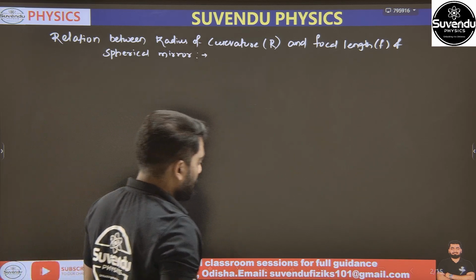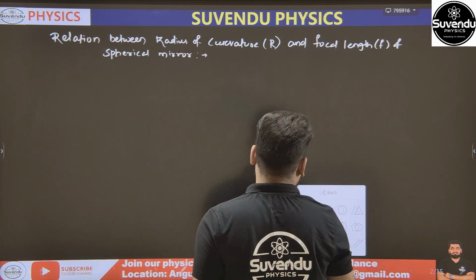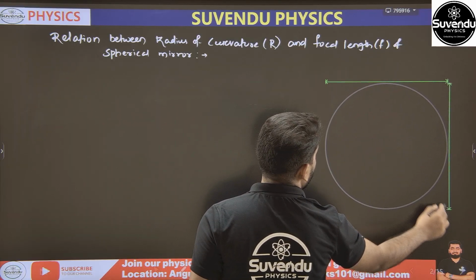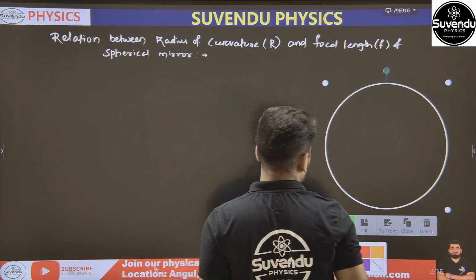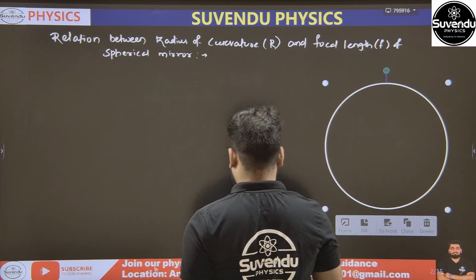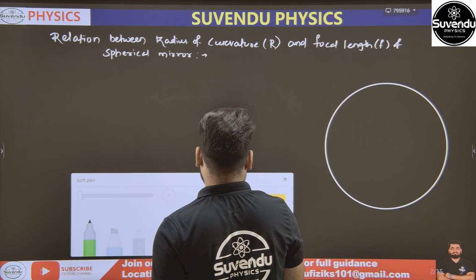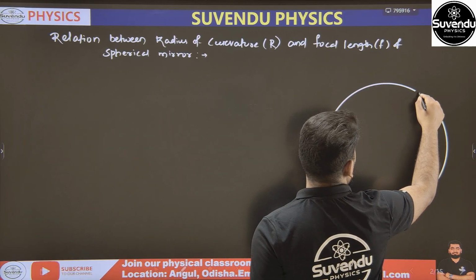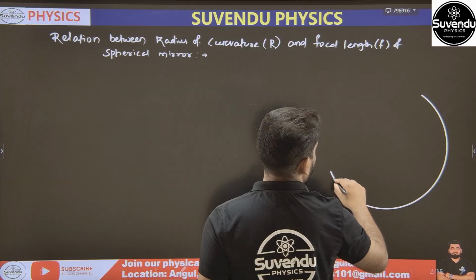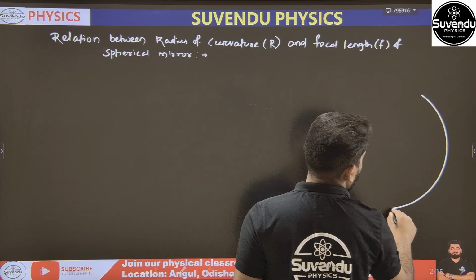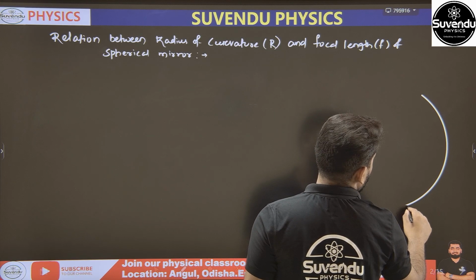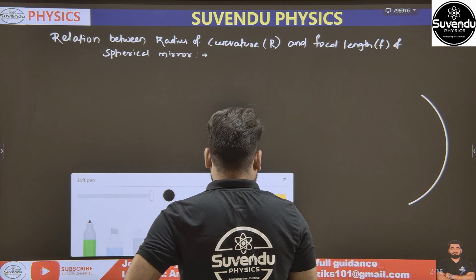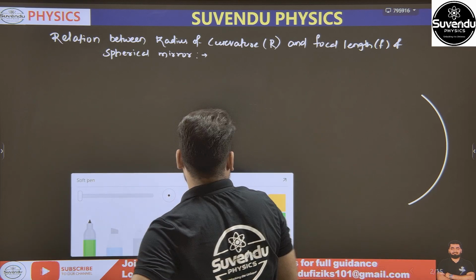So let us consider this is our concave mirror, and this represents the aperture of our concave spherical mirror.